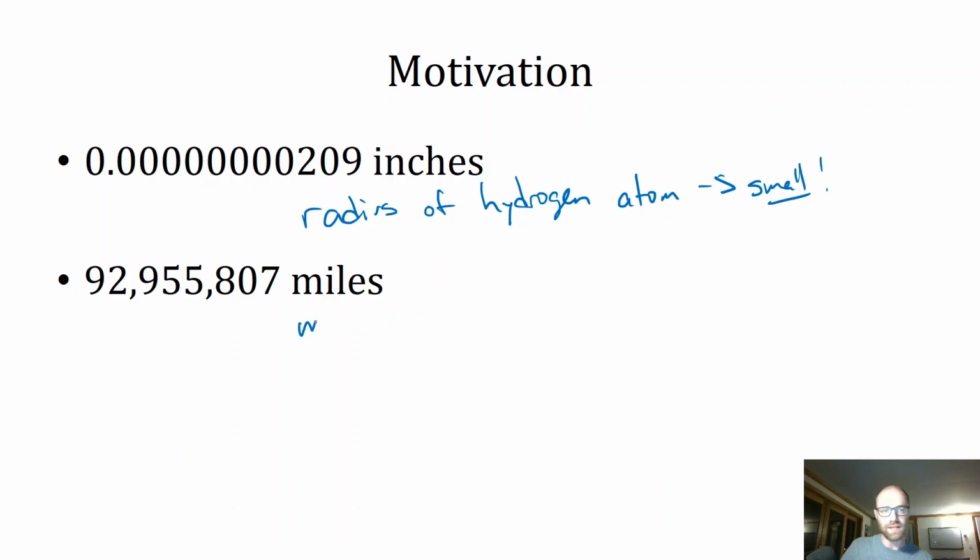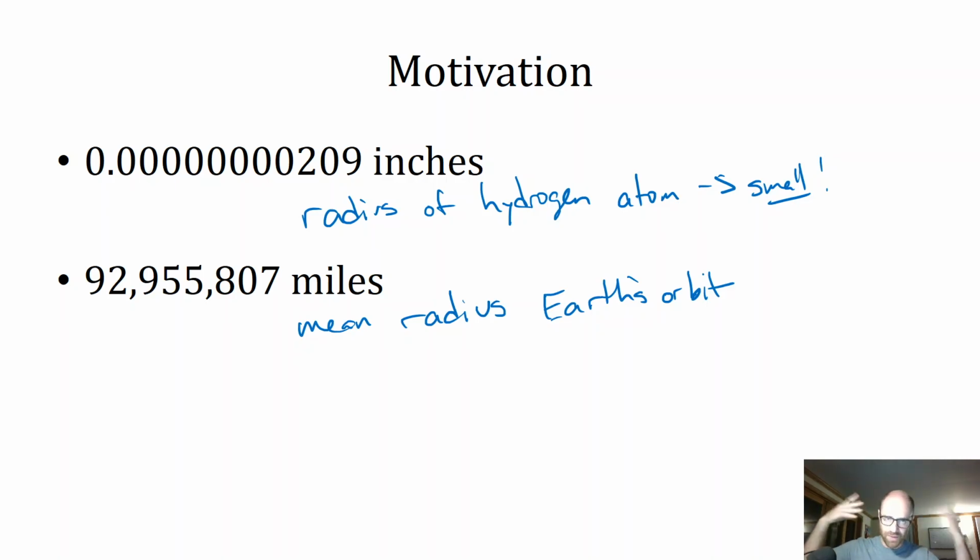And this is the average radius of Earth's orbit, the distance from Earth to the Sun, basically. I grabbed these two radii because it's nice to use two of the same thing, but you can see very clearly that both of these numbers don't make sense. I can't really picture what 93 million looks like. I can't really picture what 0.00000002 looks like.